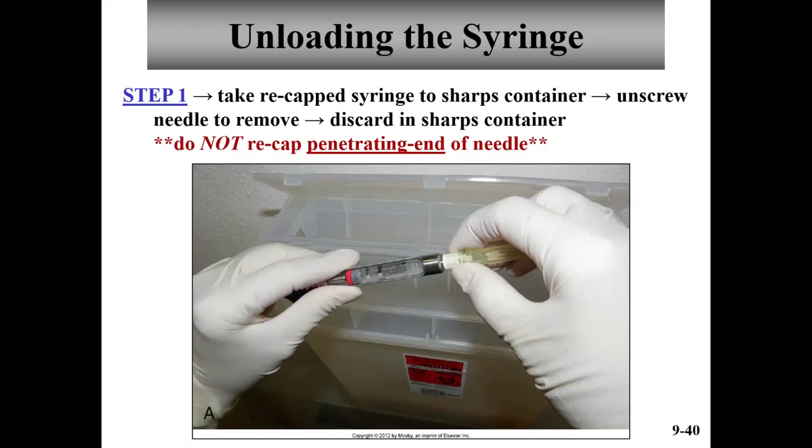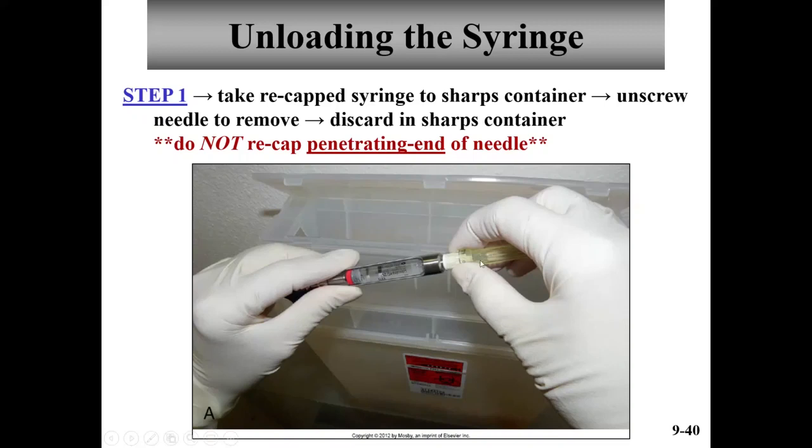When you're done giving the injection and you go to dispose of the cartridge, the carpule and the needle go in the sharps container. The cardboard needle protector doesn't go in this box. That goes in the trash can.